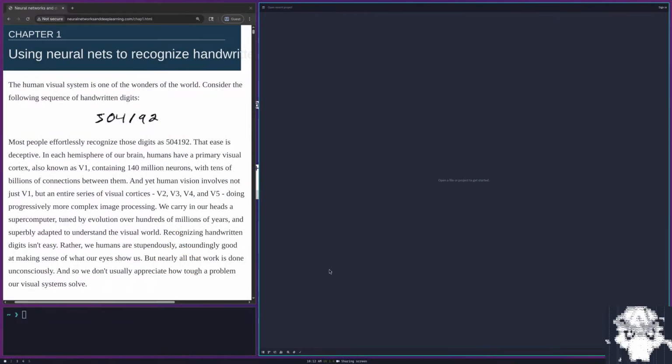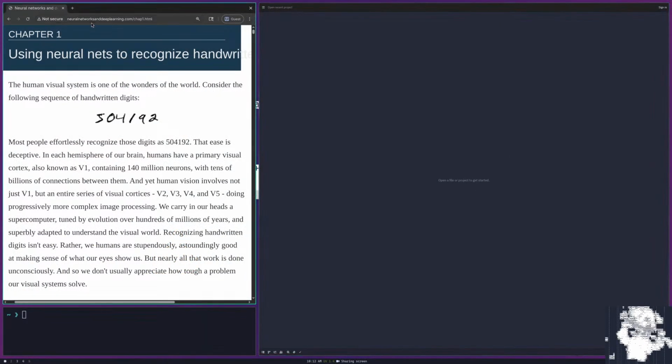What's going to happen is we're going to read through this textbook on neural networks by Michael Nielsen. I've read through it once years ago, so this part I should be able to have a jump start on.